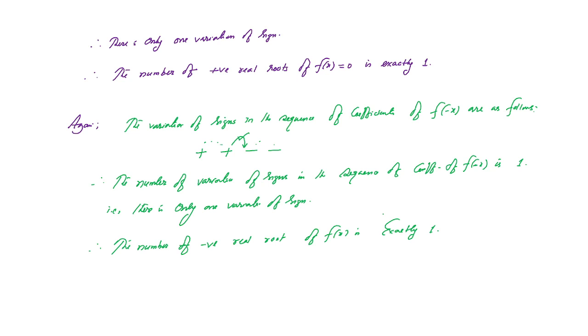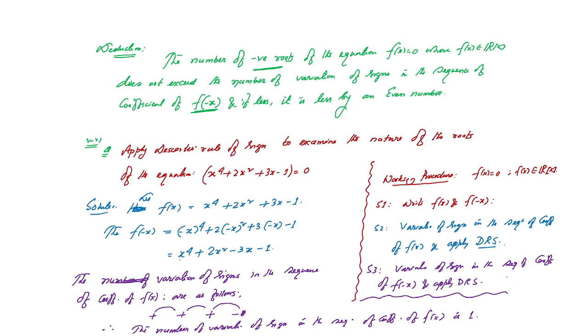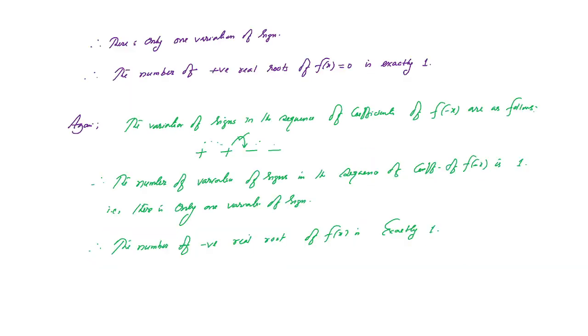So now we come to the next important check. This will be our step 4. We will check f of 0. If f of 0 is non-zero, that means 0 is not a root, and if f of 0 equals to 0, then 0 is also a root. So now we'll check f of 0. So the next step.